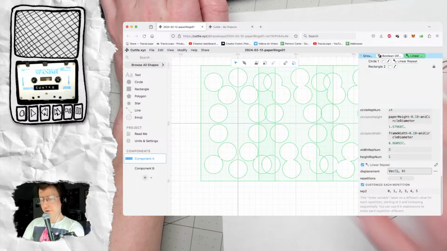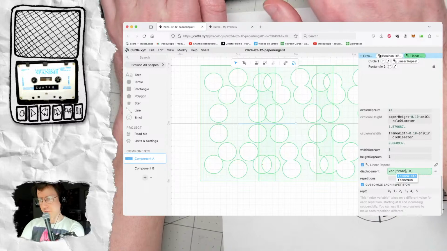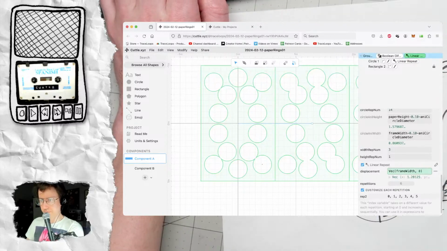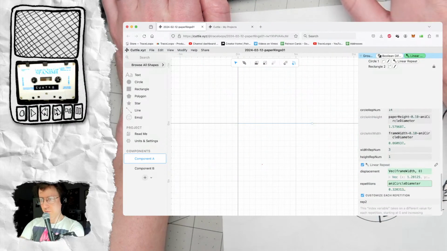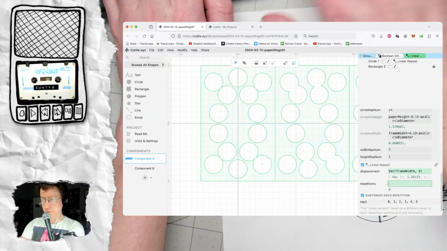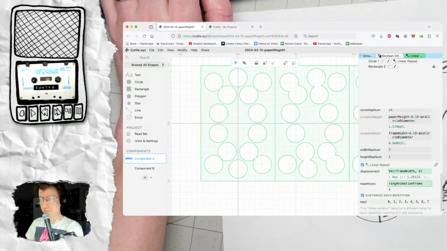And this displacement is going to be frame width. Repetitions is nope. Ring animation frame.